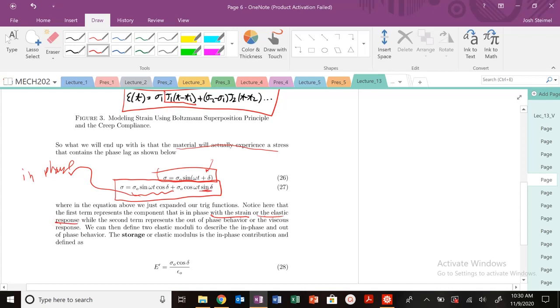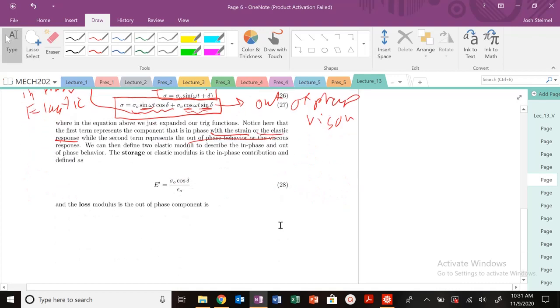The second term is going to be out of phase, because sine is in phase, cosine is going to be out of phase. This will be our out of phase component, which is going to be our viscous response. We'll come back to that in just a second.